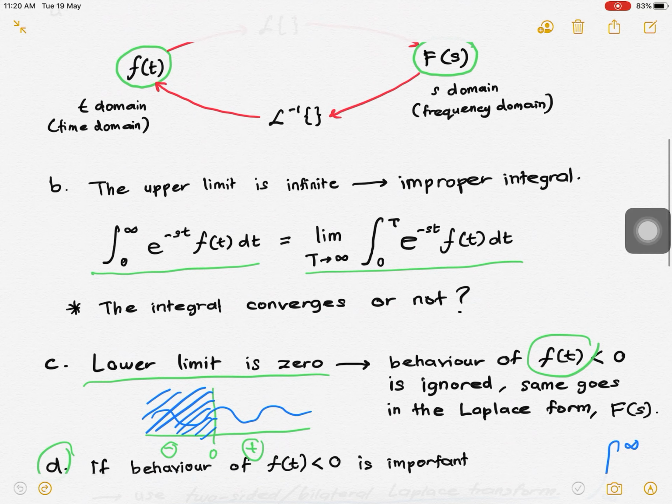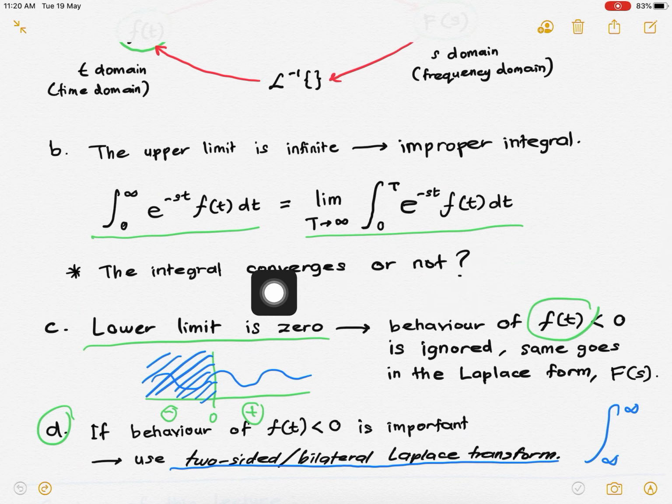Sometimes we don't have to transform back, we just get the answer, and then we can use the answer in our application. Okay. And we need to know that the upper limit is infinity, therefore it is one type of improper integral.